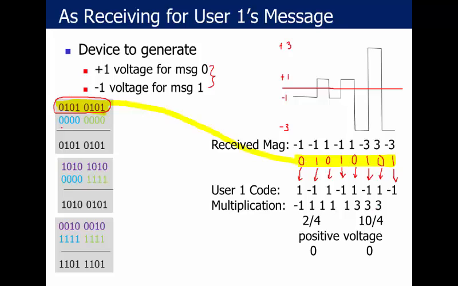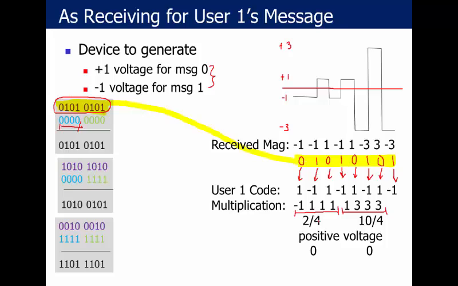Actually, these 4 chips are for one data, and these another 4 chips are for another data. So what we need to do is add them all. -1, +1, +1, +1, then there is a 2. We add them: 1 plus 3 plus 3 plus 3, then 10.